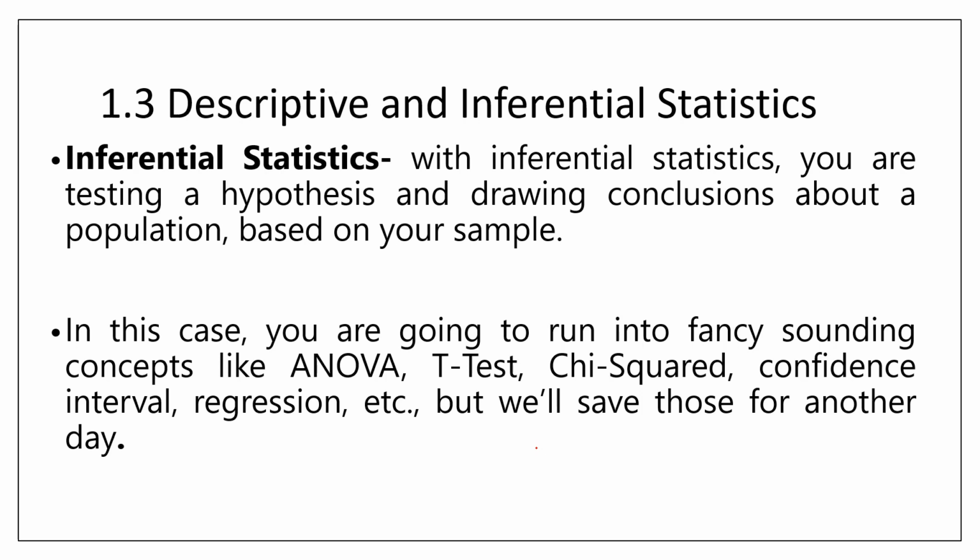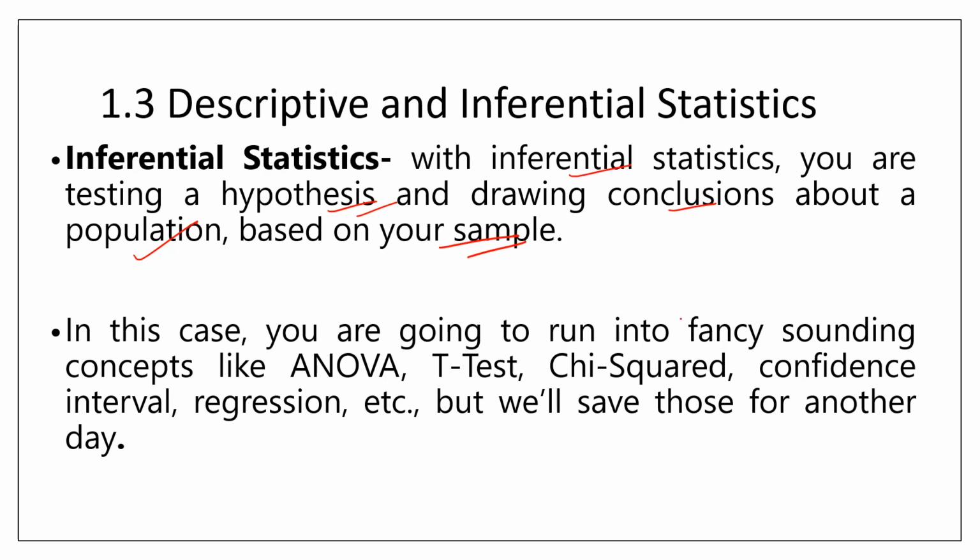This type of statistics, where we draw conclusions about the complete population, we call inferential statistics. With inferential statistics you are testing the hypothesis and drawing conclusions about the total population based upon your sample. You are also going to find the relationship between two variables, and predict the future with the help of various statistical tools.